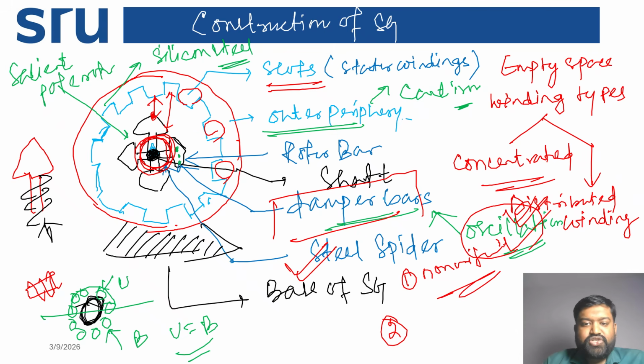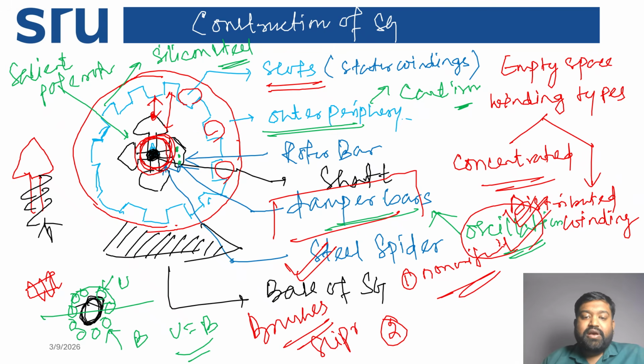Understand the points of construction? This is the construction of the salient pole rotor. But two other points are also common, to give the supply. The other two components are the brushes and the slip rings, because these two are also important.